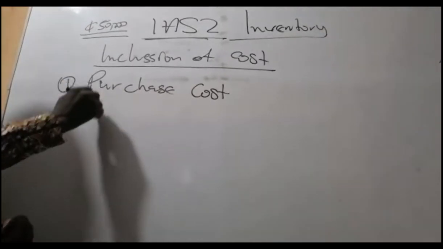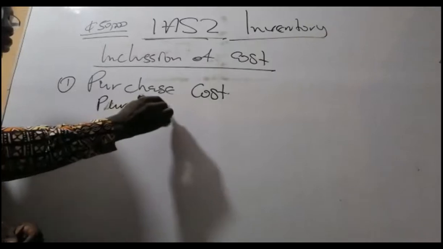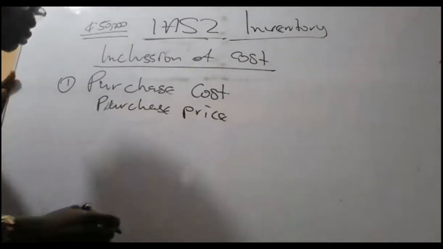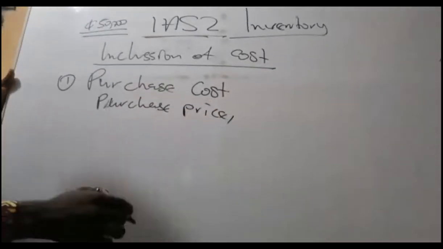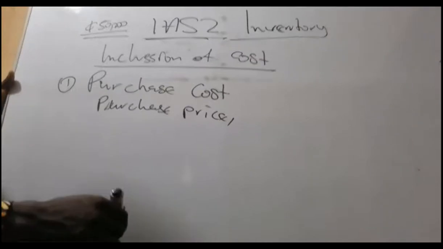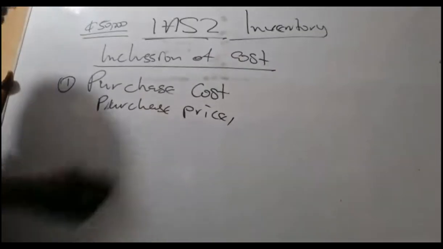So this includes purchase price, comma, delivery or the transportation or handling cost.